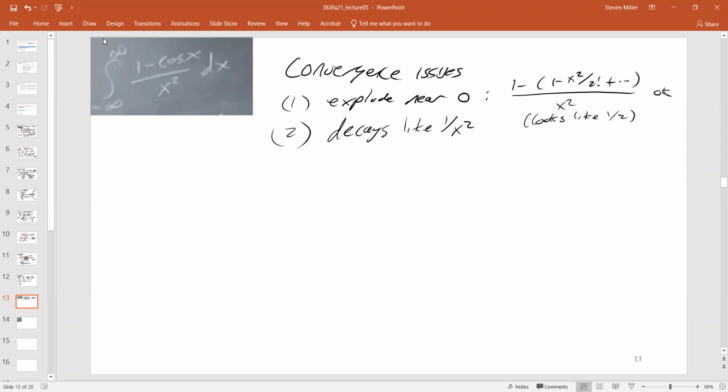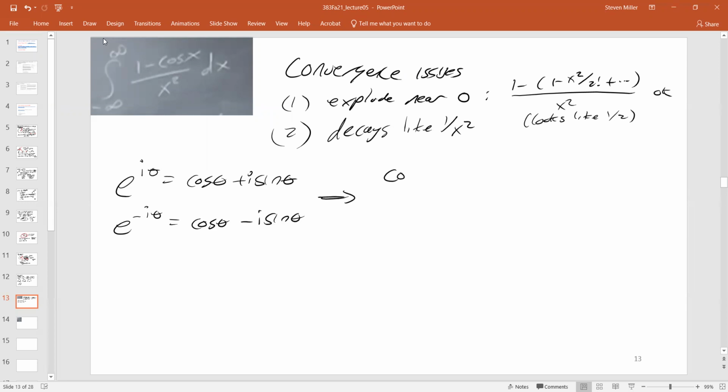So we expect that this integral should be well behaved. Now, this is a challenging integral to do. Now, we need to remember some trig. So e to the i theta is cosine theta plus i sine theta. e to the minus i theta is cosine theta minus i sine theta.